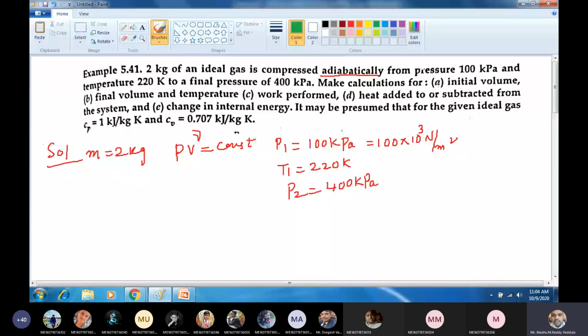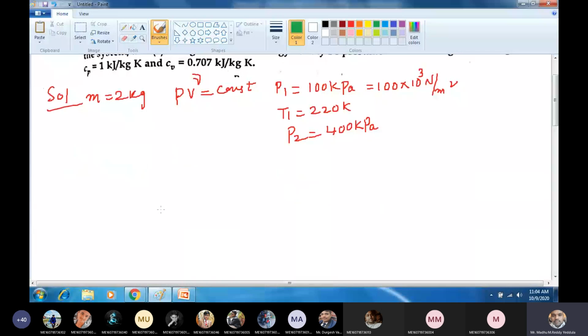Now what is asked? Calculate the initial volume. How to calculate the initial volume? Similar to the previous case, by using the equation of state, PV is equal to M into R into T. So P1 V1 is equal to M R T1.